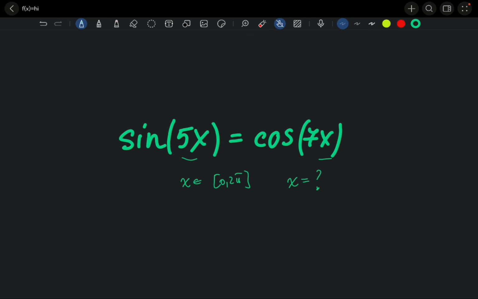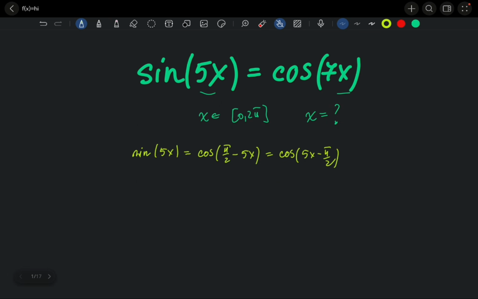Well, actually there is, and it's a well-known formula that tells us that sine of 5x must be equal to cosine of pi by 2 minus 5x. But we know that cosine is an even function, so this is also equal to cosine of 5x minus pi by 2.